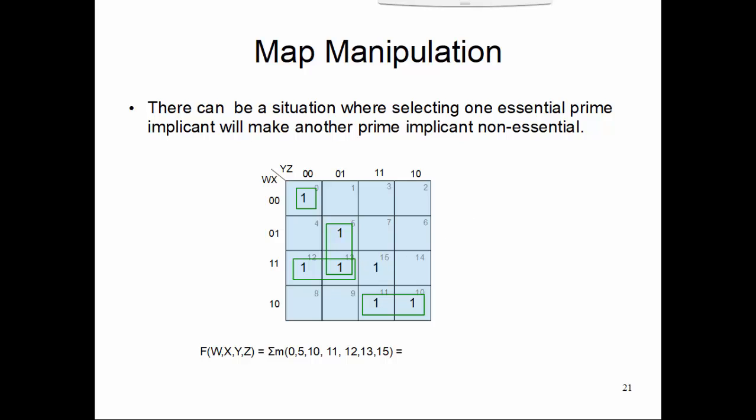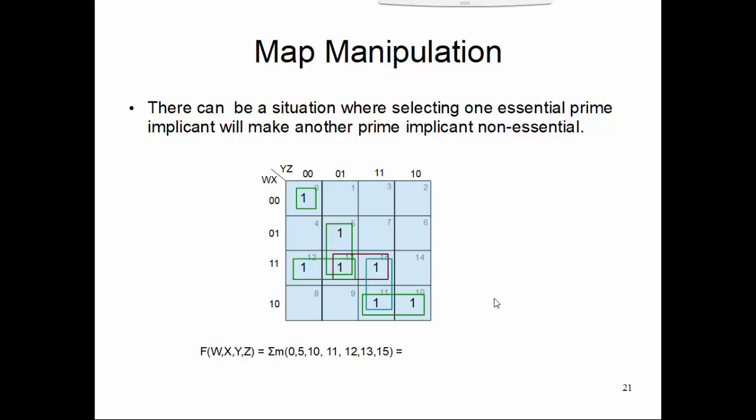We group everything, making a max group of the given function, except for this box 15. Right now the question is what the group should be. I can group this way, 13, 15, or 15, 11. No matter what, this is a valid group. This is a valid group. So both of them, 13, 15 and 15, 11, are my prime implicants.